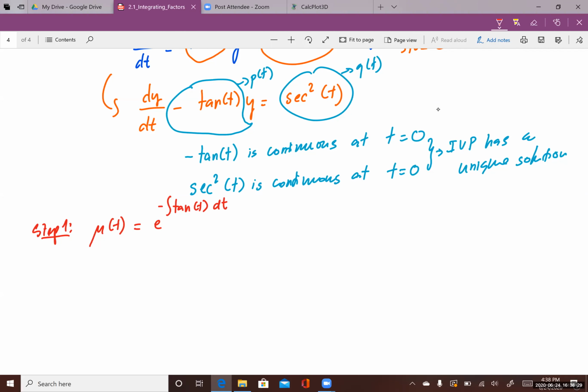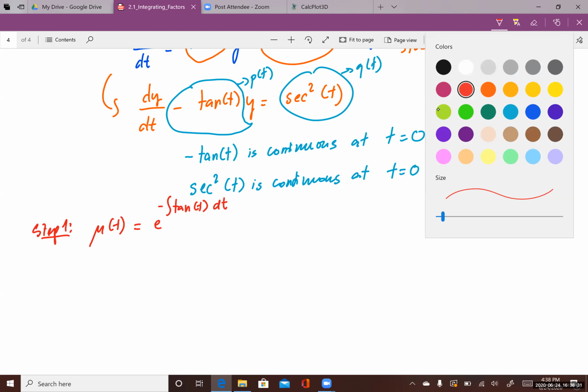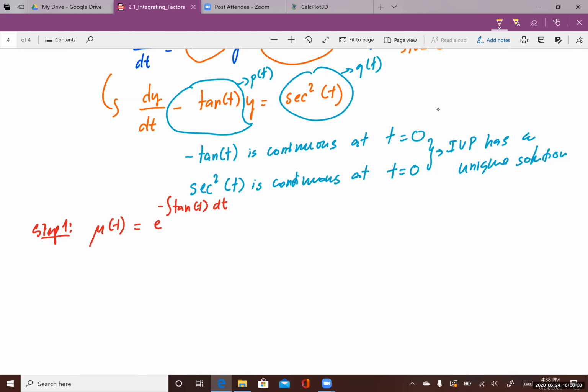In this case, I can do it on the side here. The integral of tangent of t dt is the same as the integral of sine of t over cosine of t dt. You use substitution to find this integral. Let u equal cosine of t, then du equals negative sine of t dt.